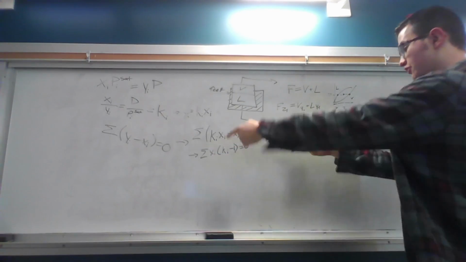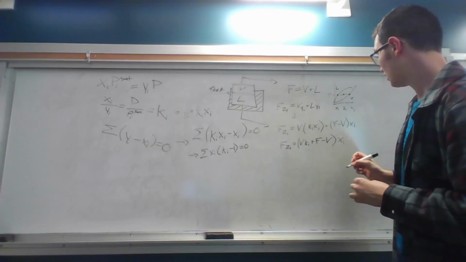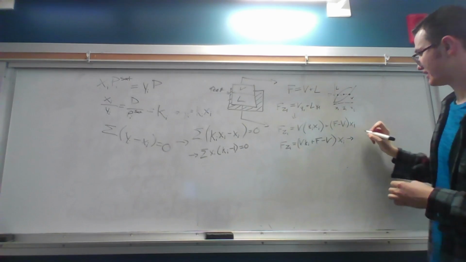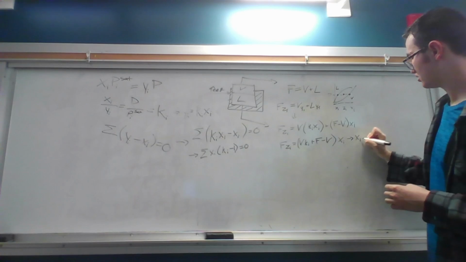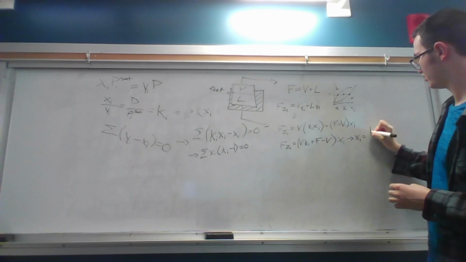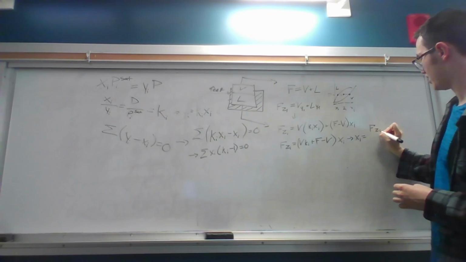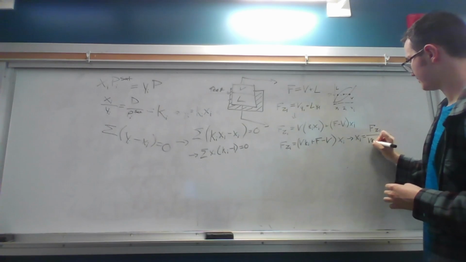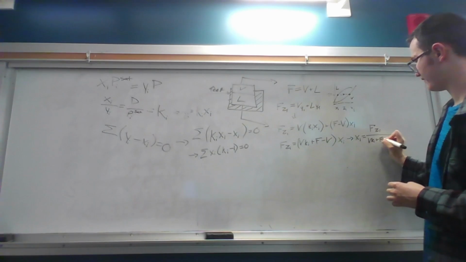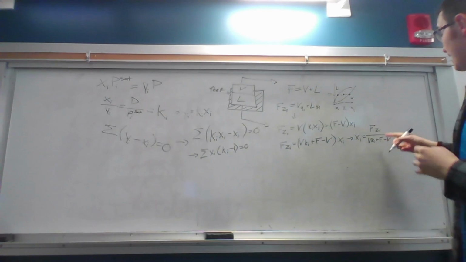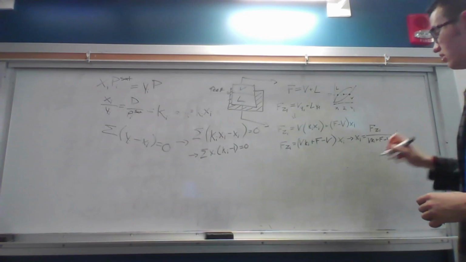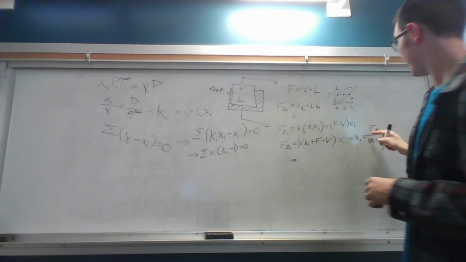If we divide this across, we have xi is equal to F times Zi divided by V times Ki plus F minus V. Now, if we want to get rid of F, we can simply divide top and bottom by it.